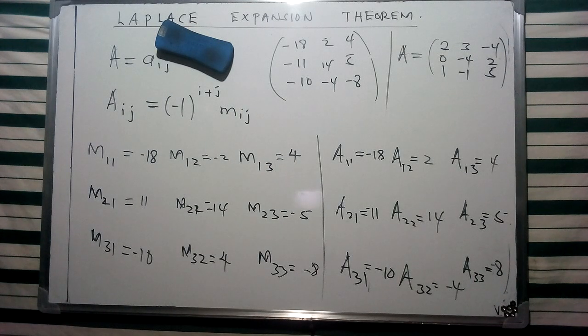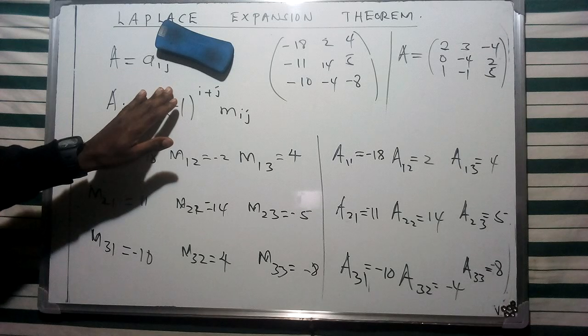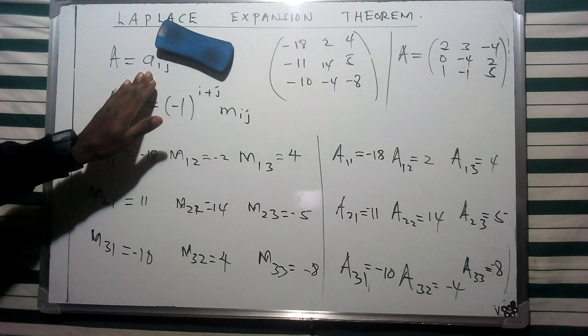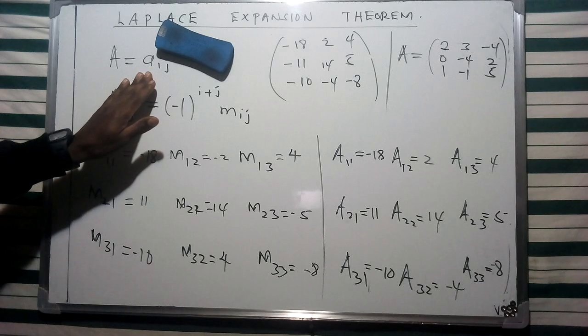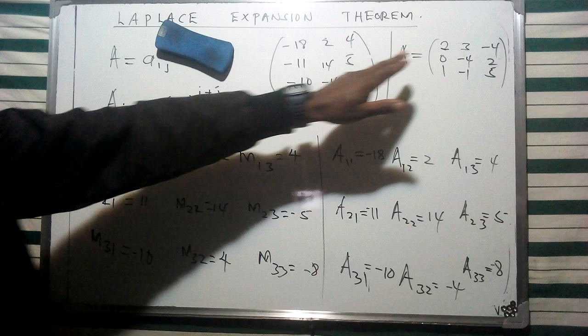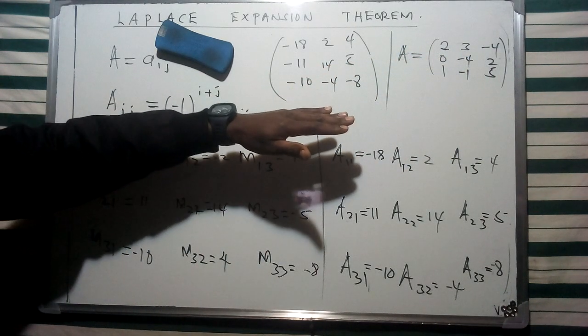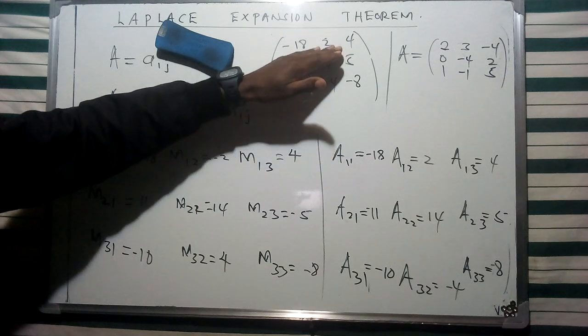Therefore, from Laplace's expansion theorem, the theorem states that the determinant of a matrix A is equal to the sum of the products obtained by multiplying elements along any row of this matrix with the elements of the same row of their respective cofactors.